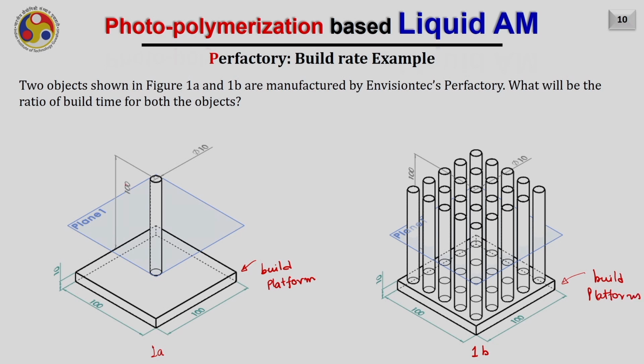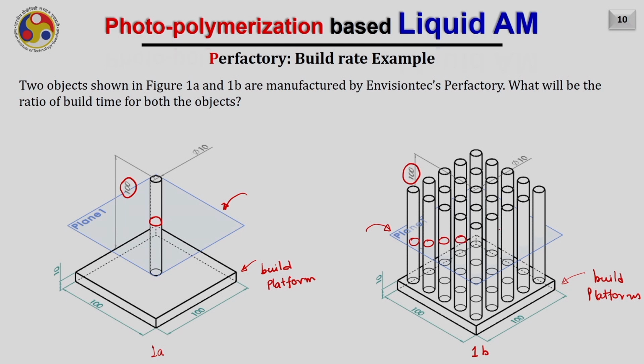The height of the object here is 100 mm, and here also the height of the object is 100 mm. Now let me take an example of a plane at a particular height, and the cross section we will obtain, where the material has to be cured, is nothing but a circle. Again, if I take a cross section of this particular object, the intersection will be a collection of some circles.